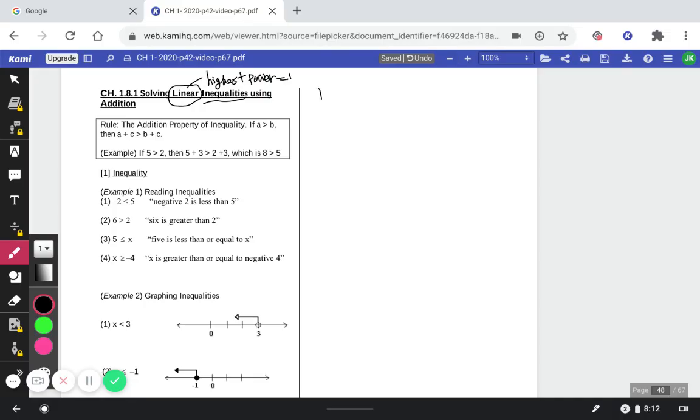So in a regular equation, let's say x minus 5 equals 7, then you add 5 to both sides, so x becomes 12.